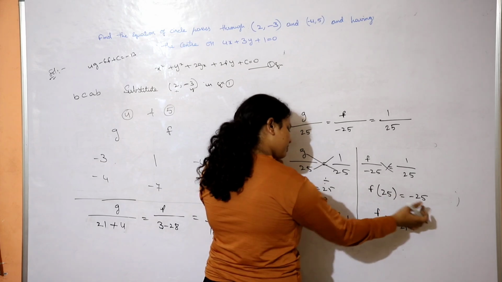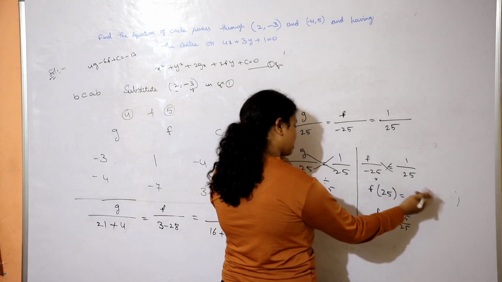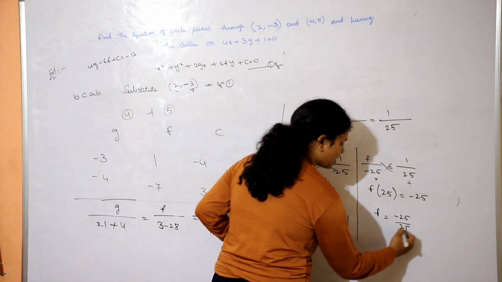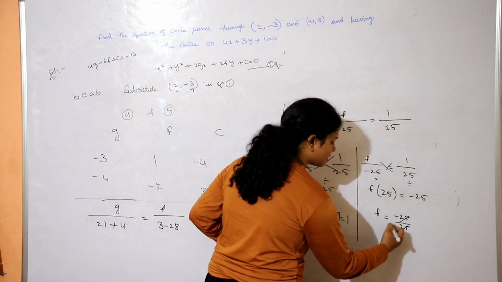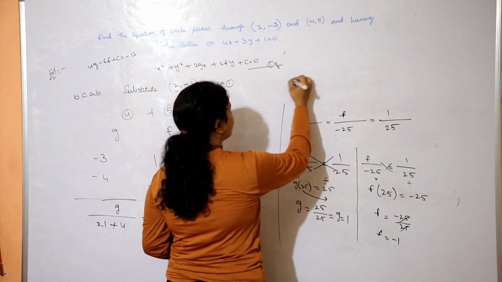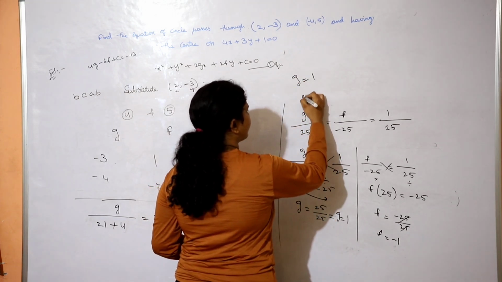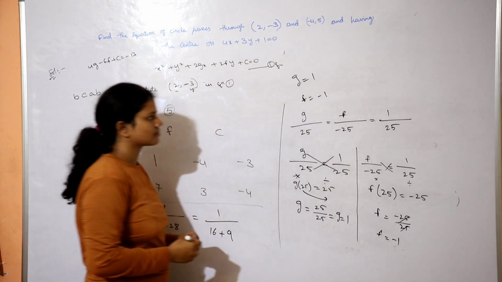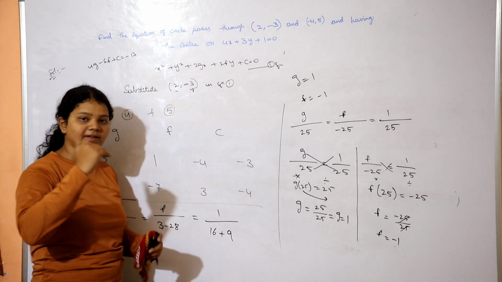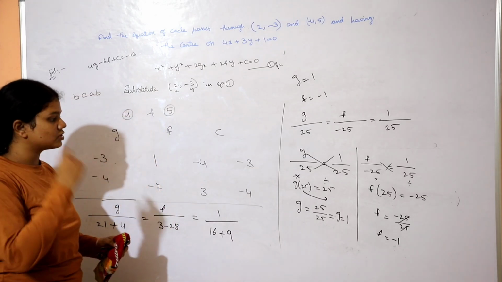Take this 25 to the other side, it becomes divided. So F equals minus 1. Clear? So therefore we got the value g equals 1 and f equals minus 1.